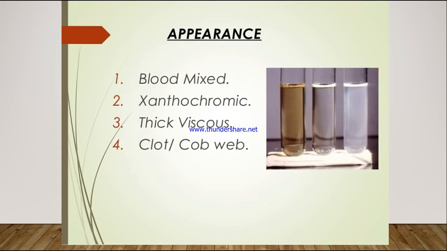So this is the appearance or the color that we will see to detect if there is any problem in the CNS. One is blood mixed, where the fluid is mixed with blood. Then second is xanthochromic, then thick viscous or clot or cobweb formation.